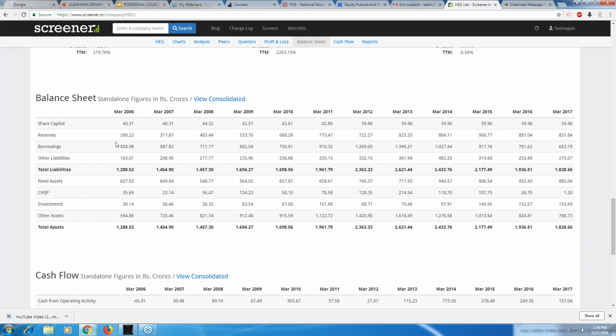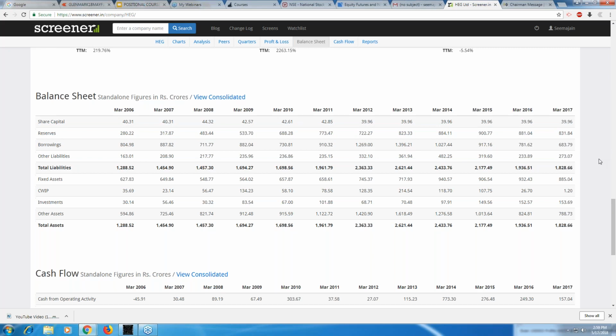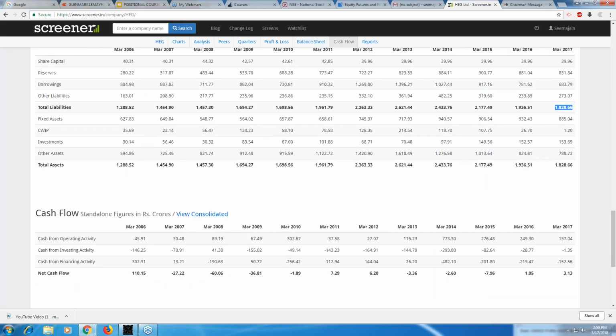Borrowings have decreased. You can see, from 2006, 805 crores, it has become 684 crores, right? Total liabilities, they have huge liabilities. They have decreased it, but still they have a huge amount of liabilities. Fixed assets are growing fine, and work in progress.